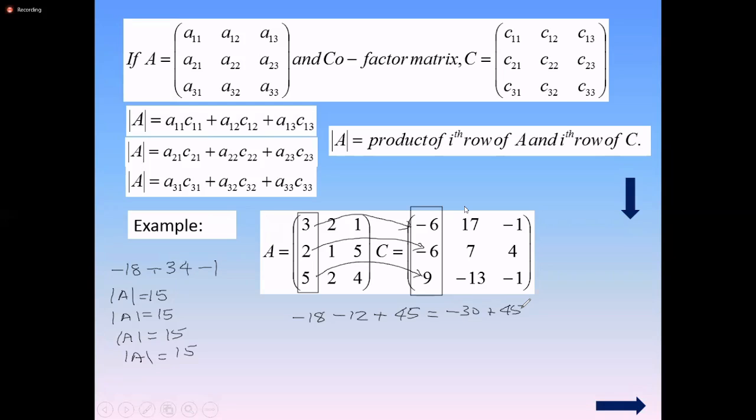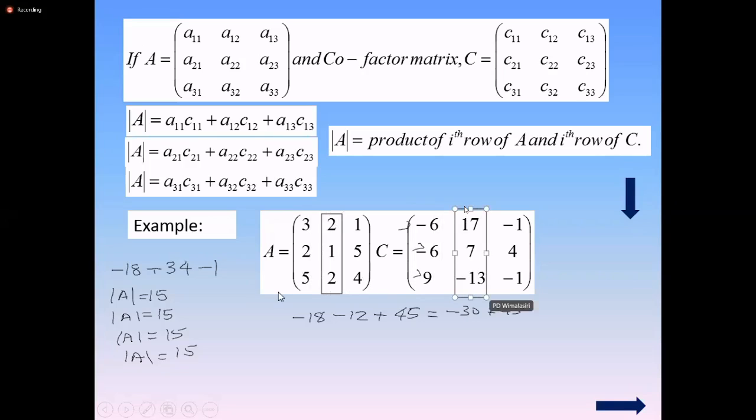So 6 ways. Selecting 3 rows, there are 3 ways. Selecting 3 columns, there are 3 ways. Then select the second row, second column. Here second column, here also second column. Now multiply together.